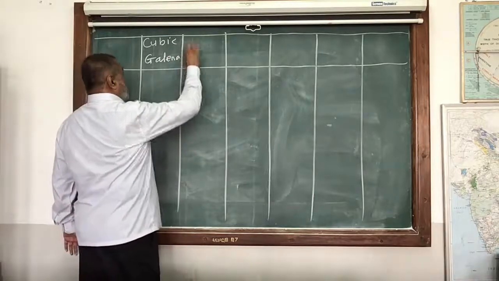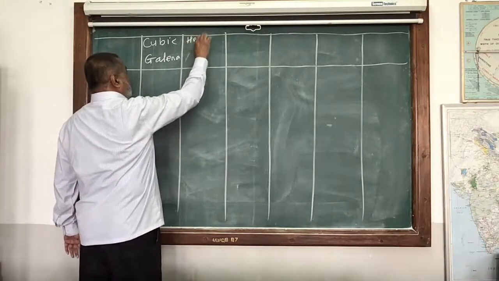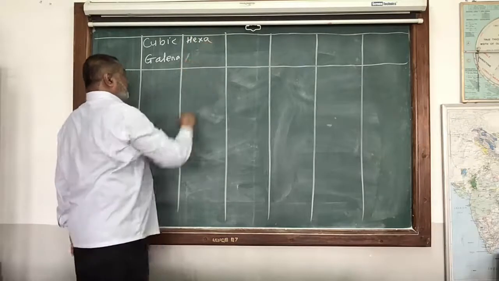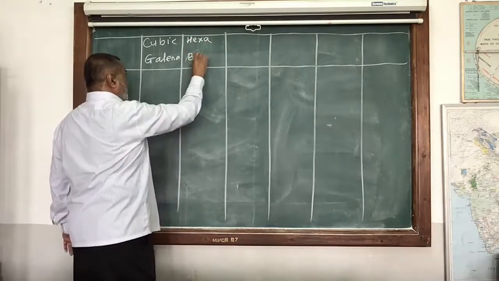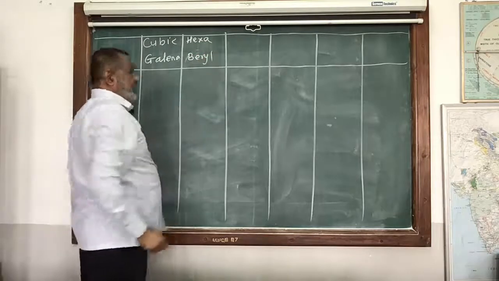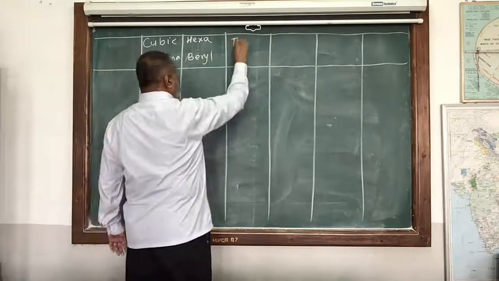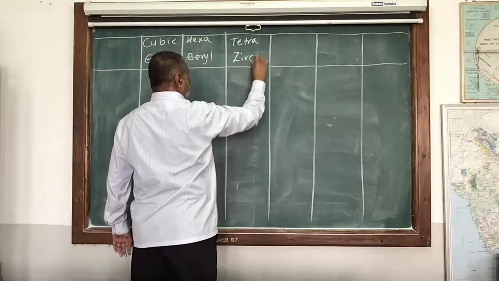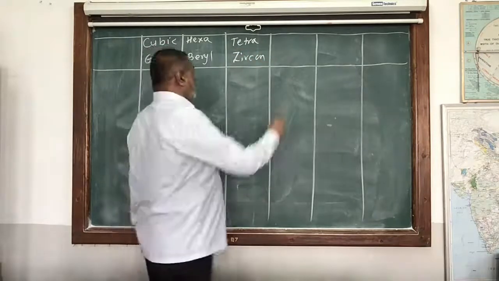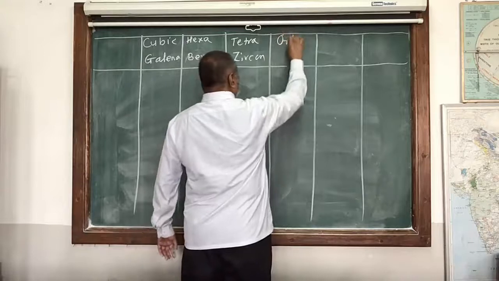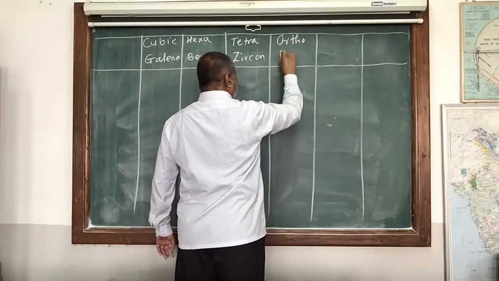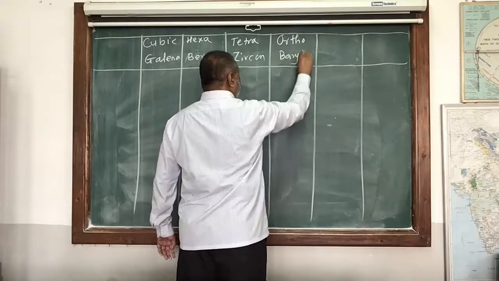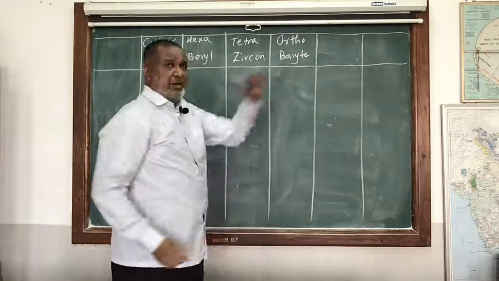The next one is the hexagonal system, beryl type. Next is the tetragonal system, zircon type. The next one is the orthorhombic system, barite type. This is the representative mineral from the system, orthorhombic, barite type.